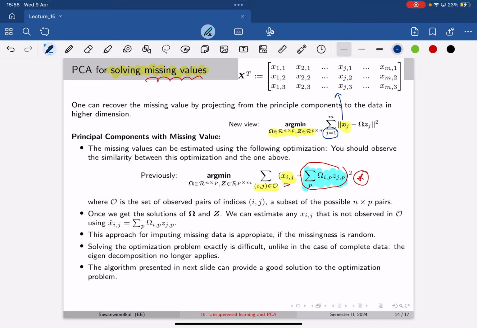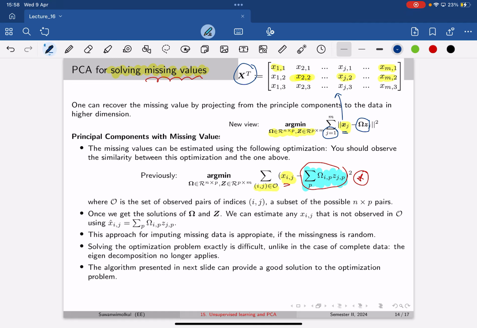The thing is, if we can really learn a good omega matrix and set Zj, if we really have this good solution, that means we can recover xj even though some of the xj may be missing. You can compute this entire X matrix by using these two pairs.